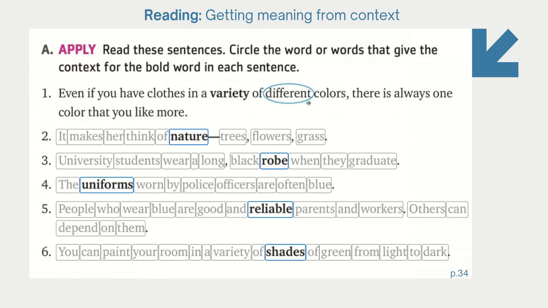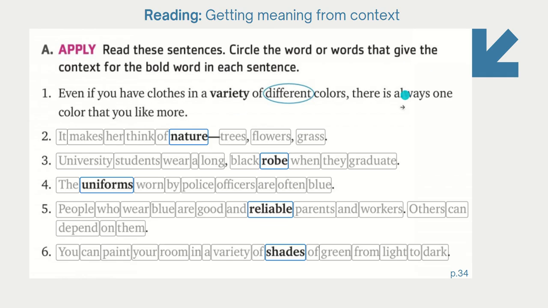Different means not the same, right? Variety means many. So we can guess the meaning of the word variety is different, is many, is not only one color. This is the meaning that we can guess. But the exact word based on the dictionary or a synonym can be many, for example.